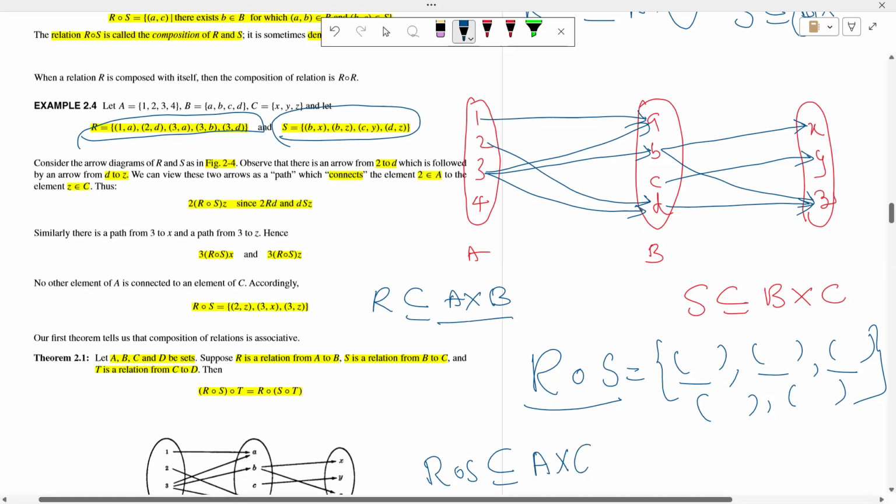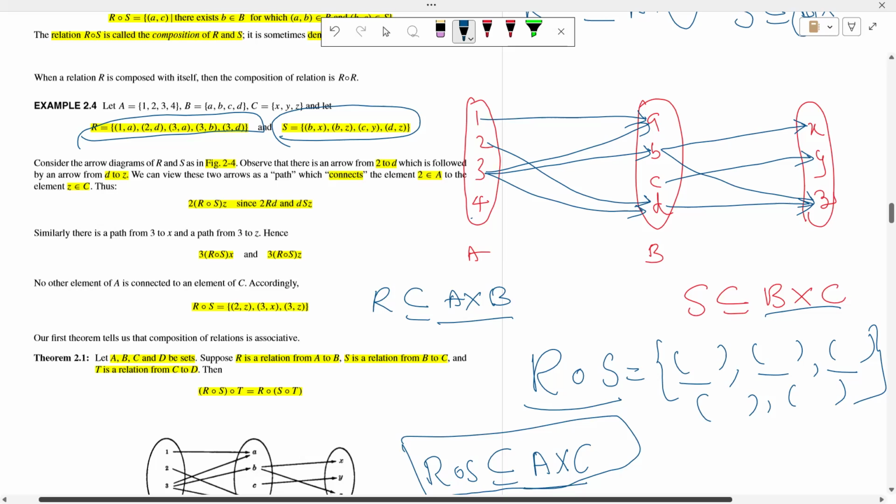So this is A cross B, this is B cross C. The R of S is a relation, definitely a subset of A cross C. So A to B. In the relation R, B is the range. In the relation S, B is the domain, right? So R of S will definitely be a subset of A cross C.